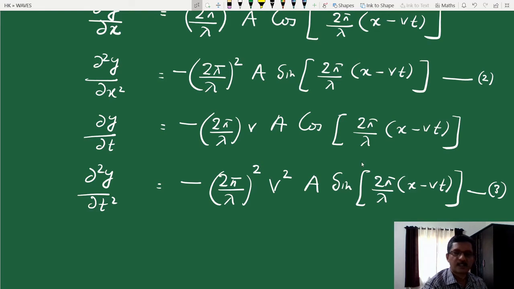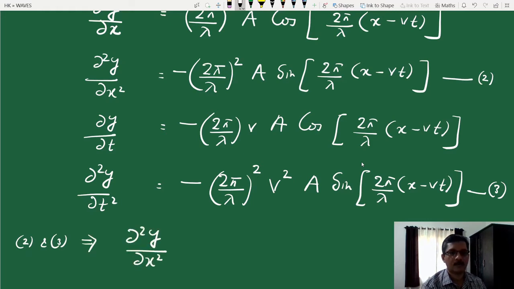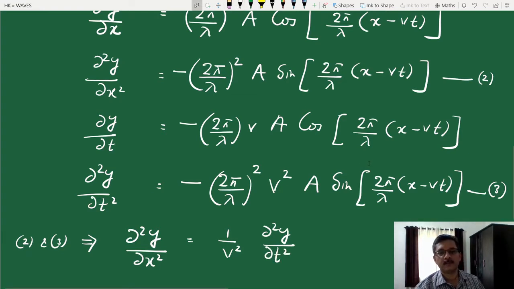So the connection between equation 2 and 3 together gives you the result that ∂²y/∂x² is equal to 1/v² ∂²y/∂t². Just divide equation 3 by v², we get equation 2.